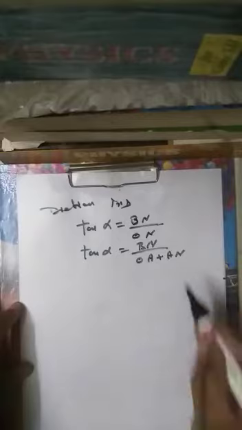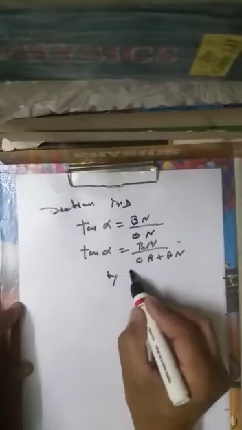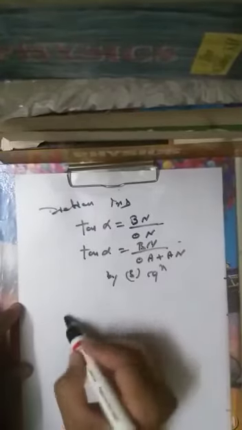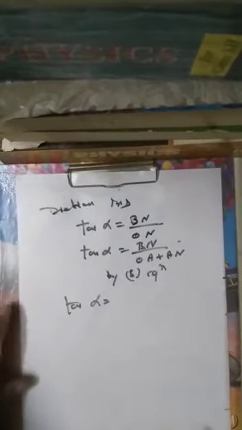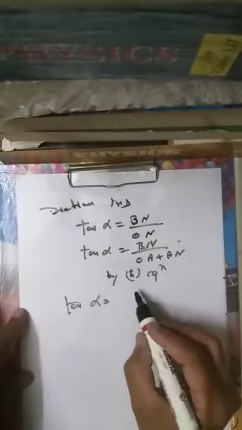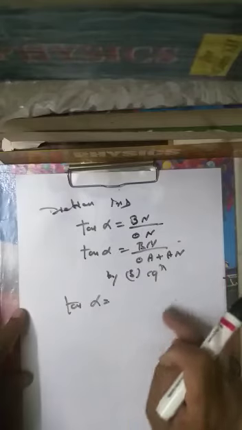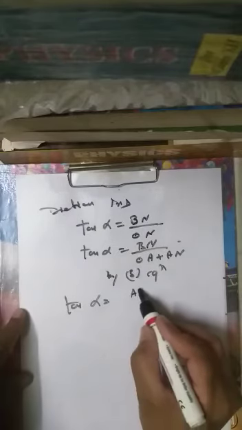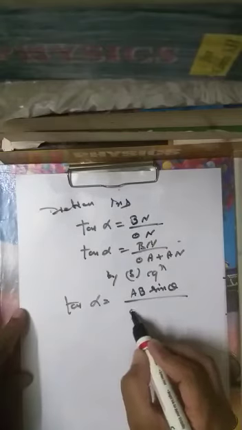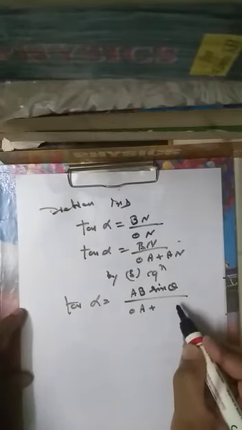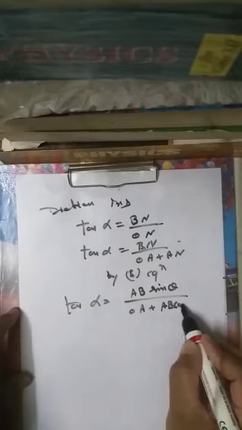By using the third equation, tan alpha is equal to AB sin theta upon OA plus AB cos theta.